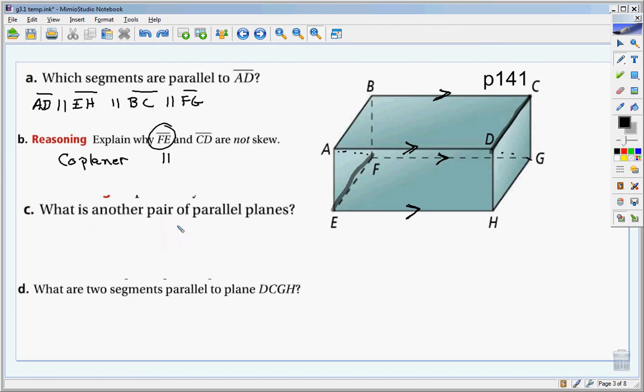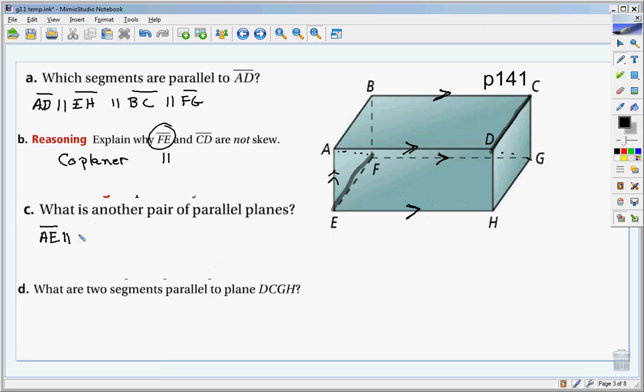So it says, what's another pair of parallel lines? So to make this so that we're not using the same ones, let's say that I stated AE. What's parallel to AE? BH. You said BH, and I disagree.